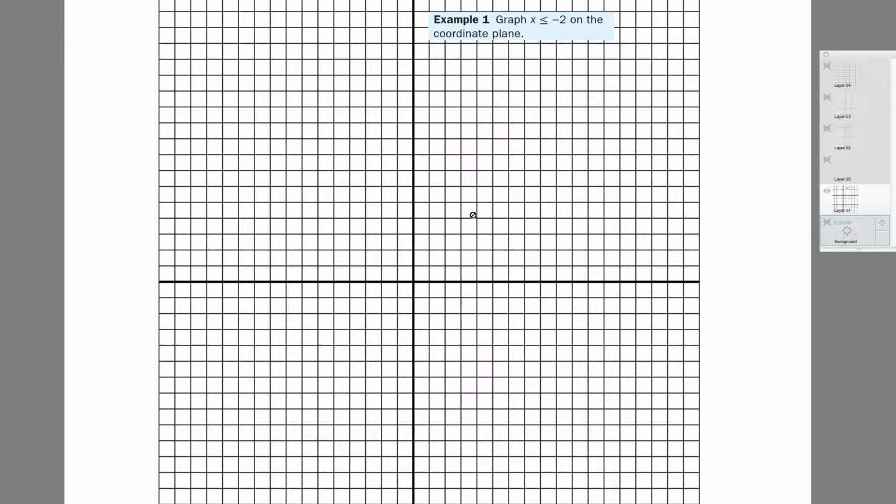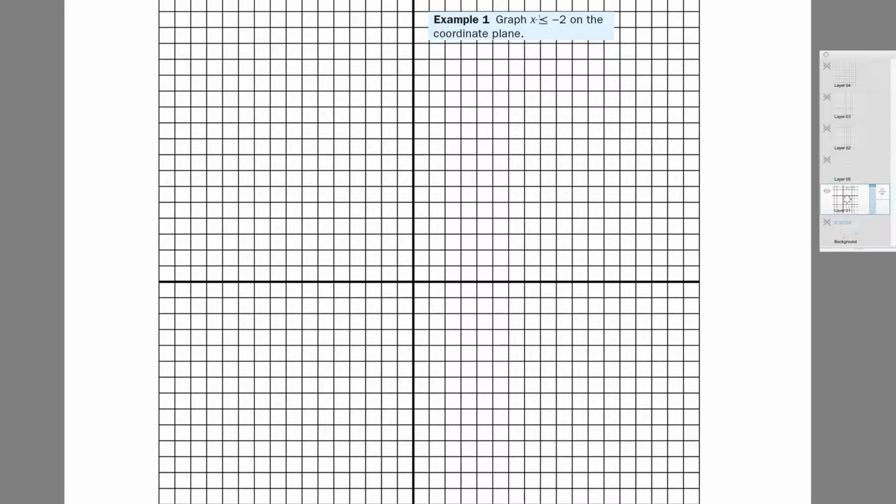We're going to go ahead and graph our first inequality, and this asks us to graph x is less than or equal to negative 2. Less than or equal to means that our boundary line is part of the solution and will be included. Which side we shade, we're going to have to figure that out. Well, first we need to graph it.